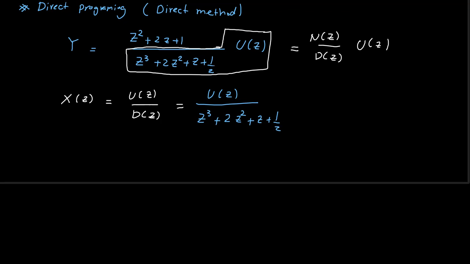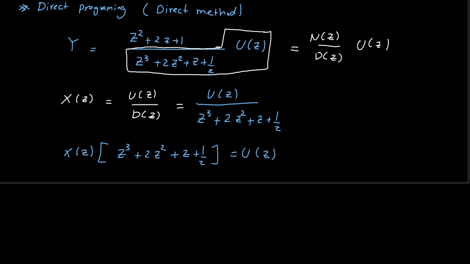Now this will equal X of z multiplied by (z to the power 3 plus 2z squared plus z plus 1 over 2), which will equal U of z.